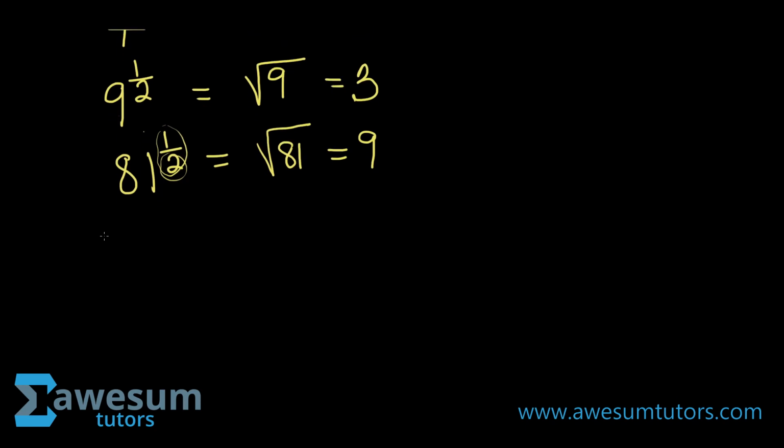What about if I have 27 raised to the power of 1 over 3? Very good. Remember we said if we have a fractional index, it means we are going to have a root. But it is the denominator that will determine what type of root you are talking about. Is it a square root or a cube root or a fourth root?